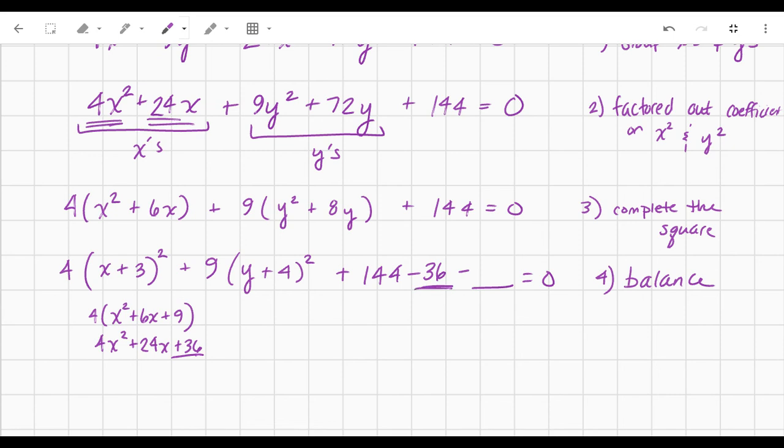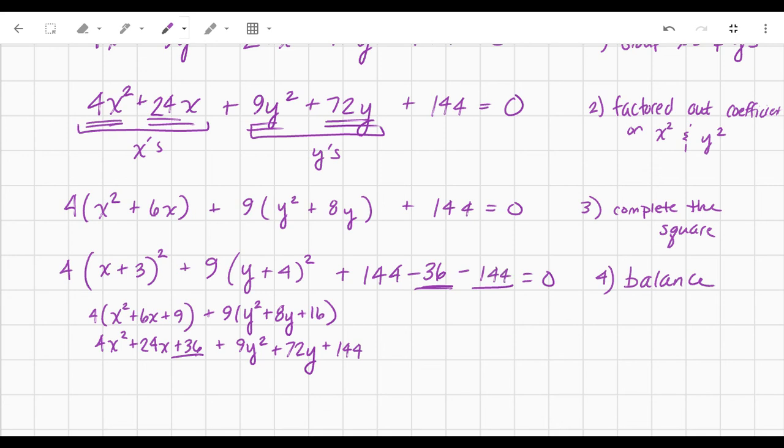I do the same thing with the y's. It'd be y squared plus 8y plus 16, and that would be 9y squared. Perfect, that's what I want up there. Plus 72y, awesome, I need a 72y, plus 144. So I need to subtract out a 144 here.